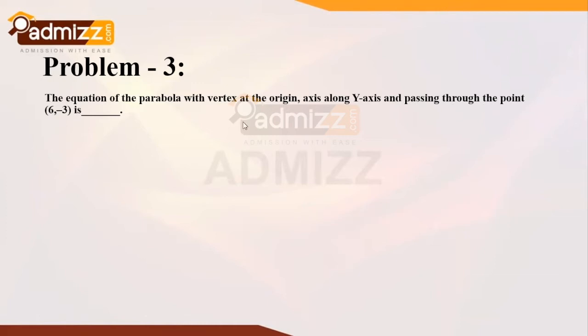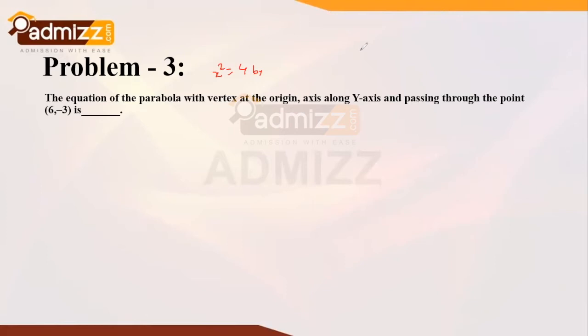Since this parabola has its axis along the y-axis, we can say that the equation of parabola is of the form x² = 4by, or it is -4by.